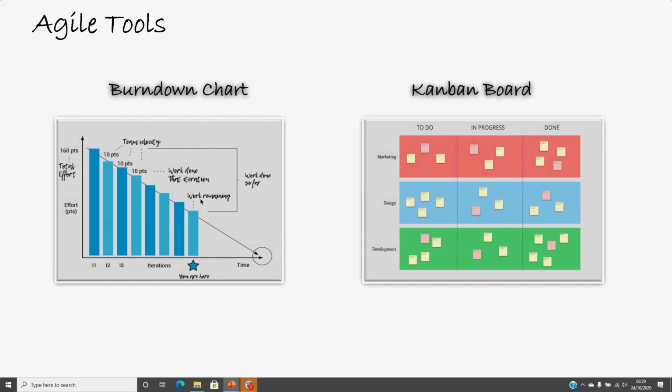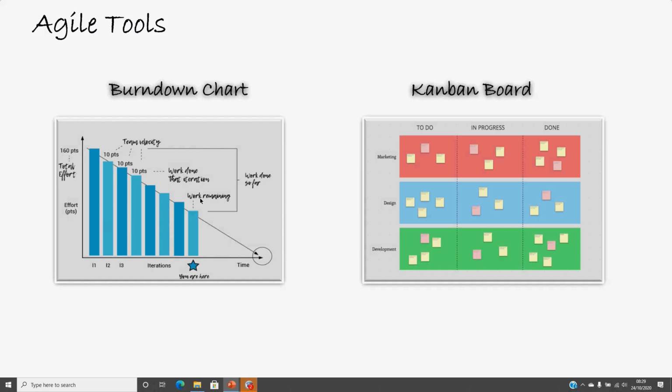So that's your burn down chart, where you can do this chart manually in some sort of an Excel sheet, or you can use tools like Jira, which do the burn down for you in an automatic fashion. The great thing about these burn down charts is that you can see several things about your project and your delivery.